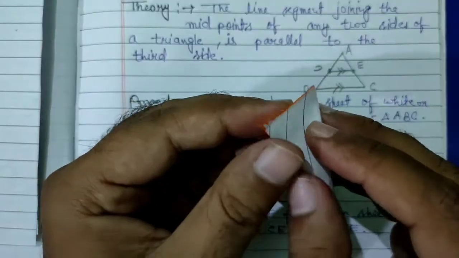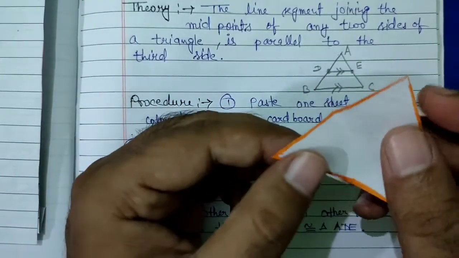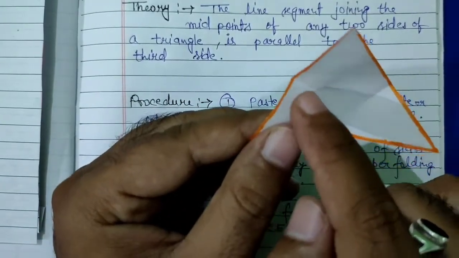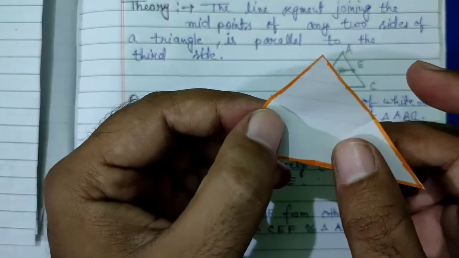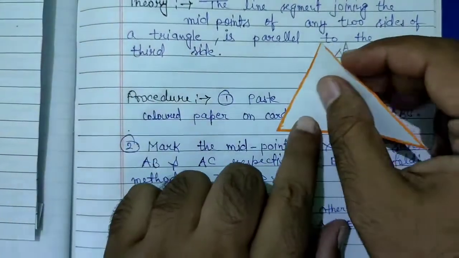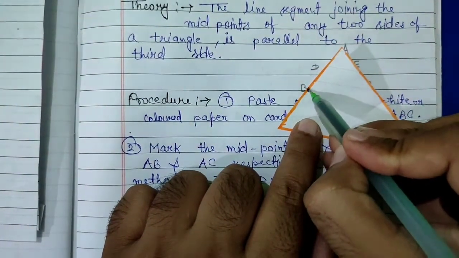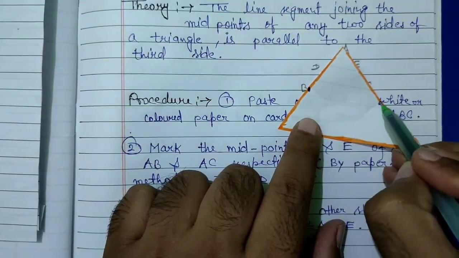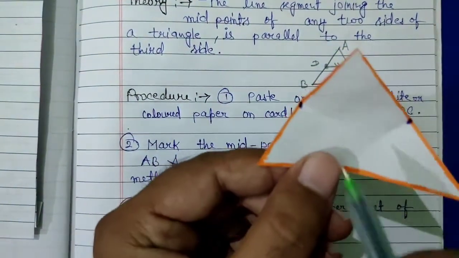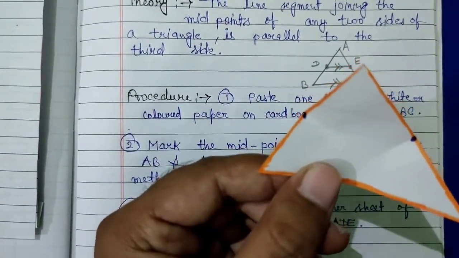You can see again a crease is there. This crease, this part, this is the midpoint. You'll mark it. These 2 points are the midpoints.